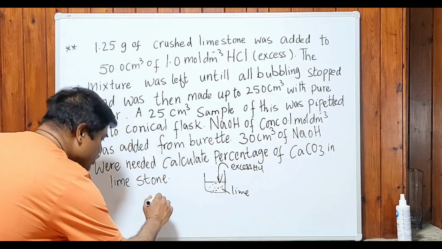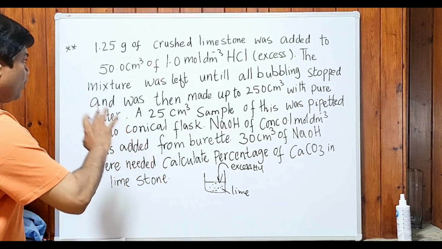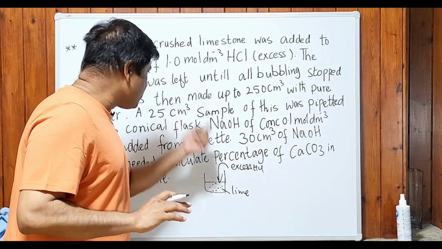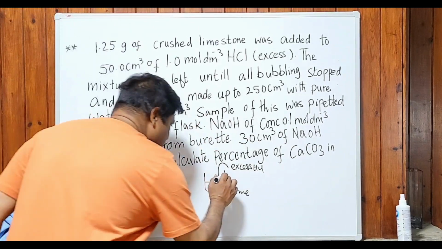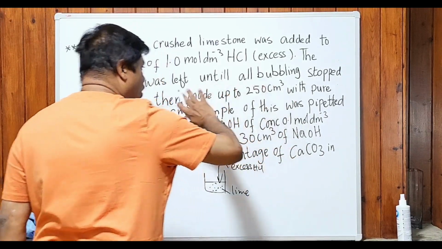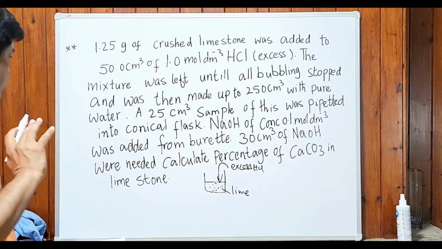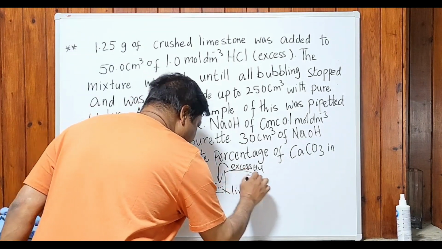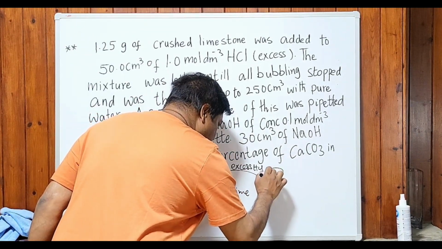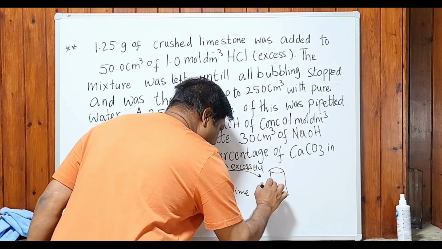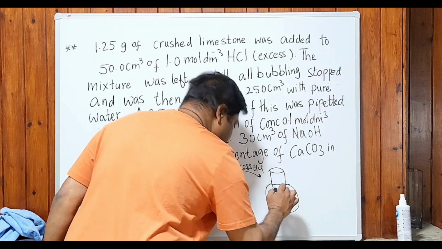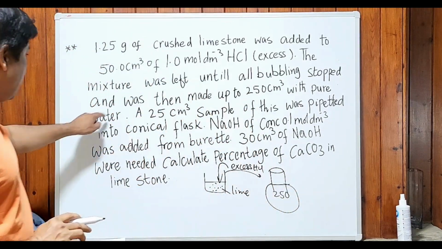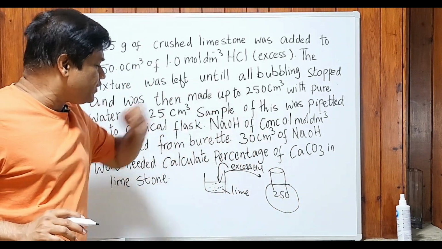I don't want to write the reaction because this is not the pure form of calcium carbonate. Anyway, you have to wait till all the bubbles of carbon dioxide cease, transfer that into a volumetric flask, and make the solution up to 250. That was given in the question.